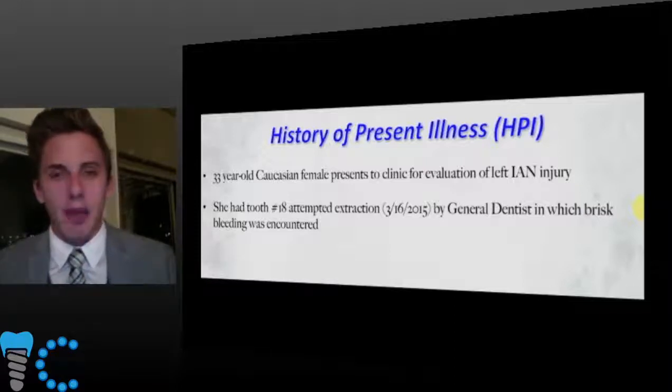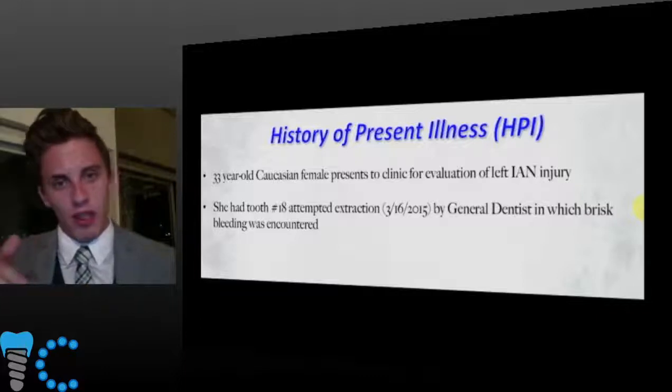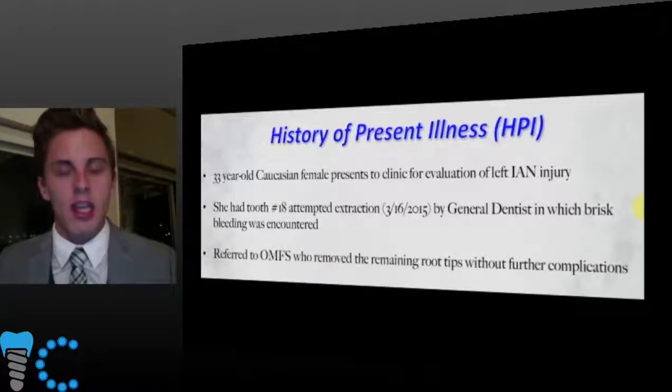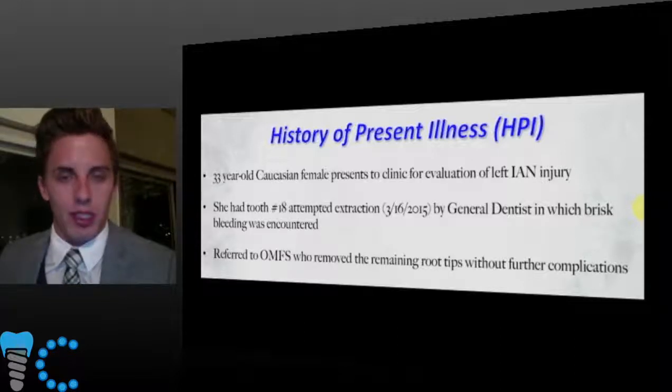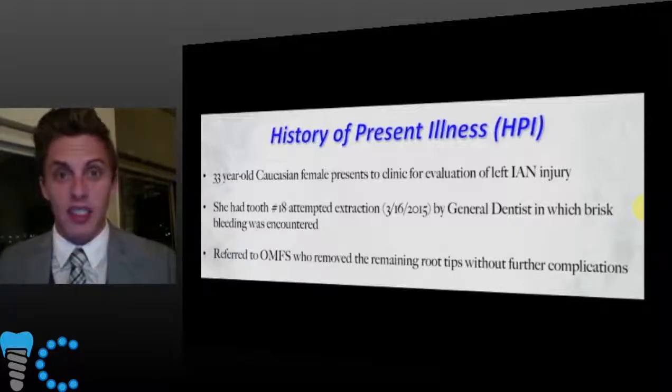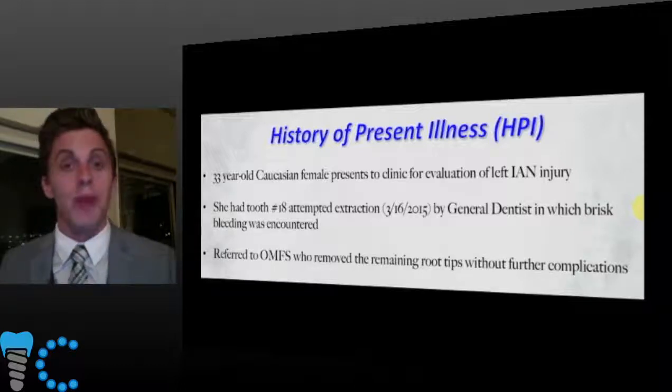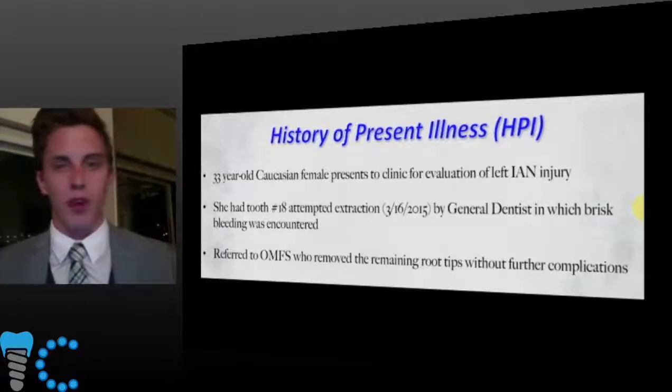And what had happened is that the dentist, while he or she was extracting the tooth, did experience brisk bleeding, which make a mental note about that. Then, after that brisk bleeding was controlled, the patient was then sent to an outside oral maxillofacial surgeon who then removed the remaining tips without further complications.